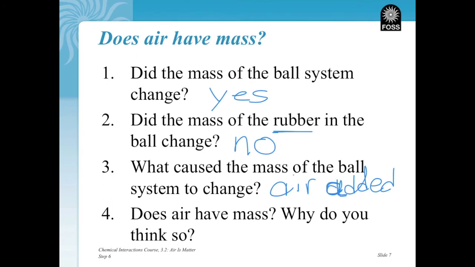Does air have mass? I'm going to say, heck yeah. Because the amount that it was weighing changed, it's totally due to the amount of air that went in it. Why do you think so? Well, only air was added.